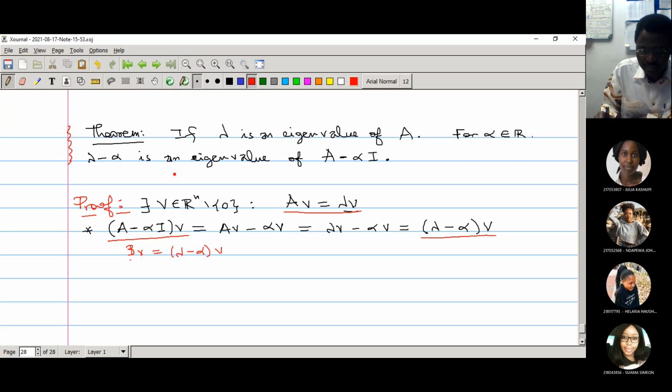That's exactly what this theorem states. Is that clear? That's just linear algebra. We are not doing numerical methods here. This is a recall of linear algebra.